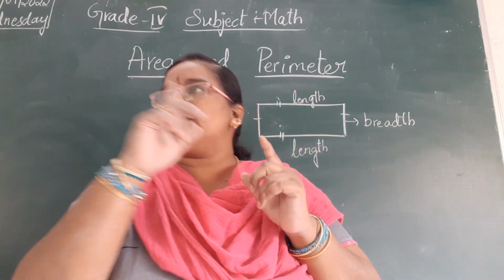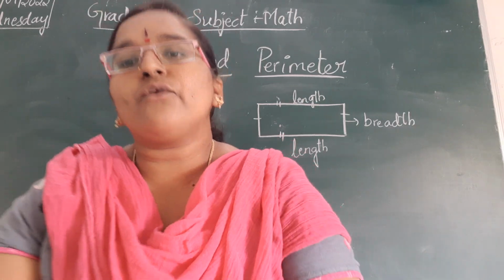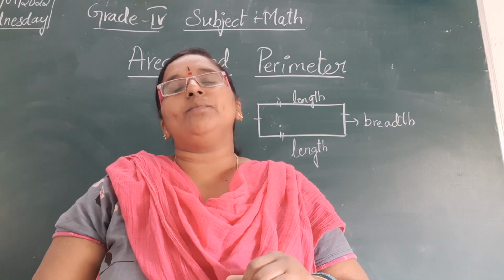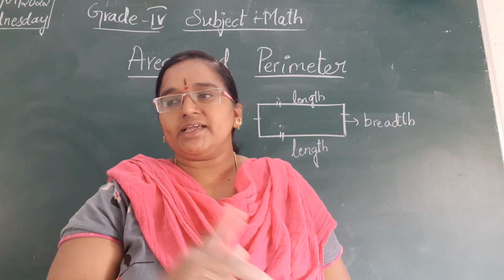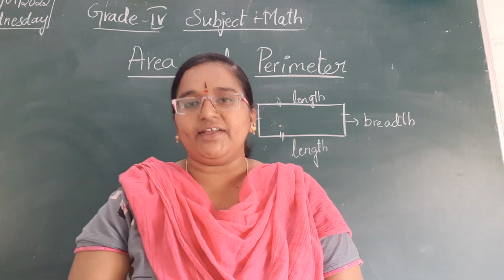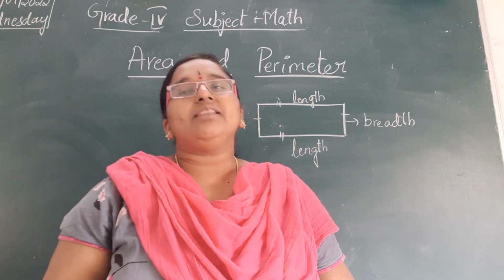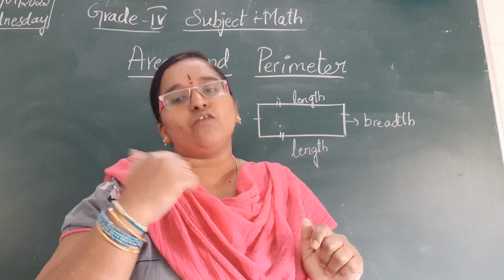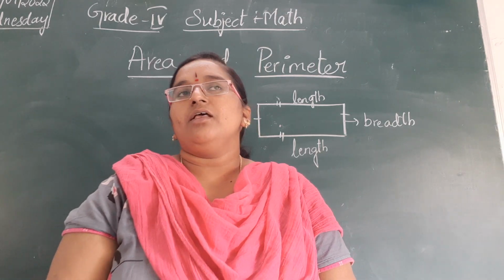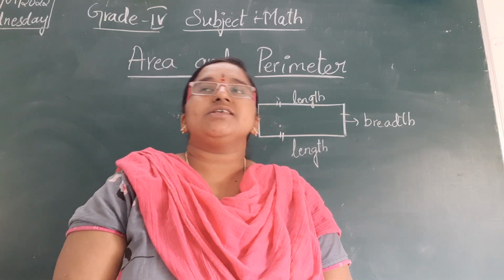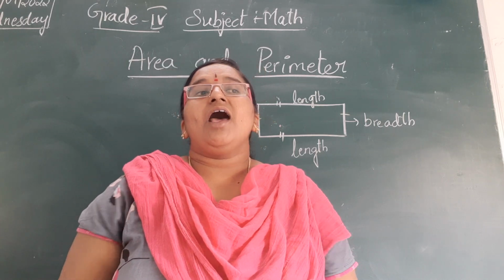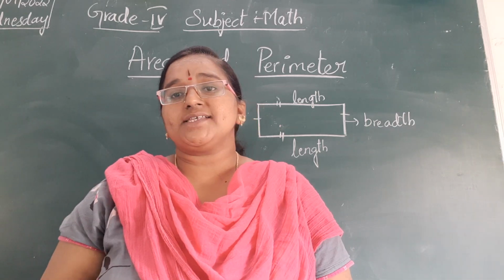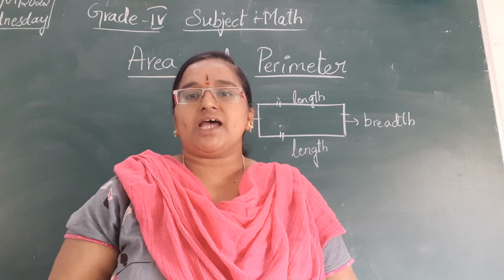For example, take your living room. The inside of the room where you are living is called area, and the perimeter means the walls. The room covered by the walls is called perimeter, and the inside of the room is called area. Now you understood the area and perimeter chapter.